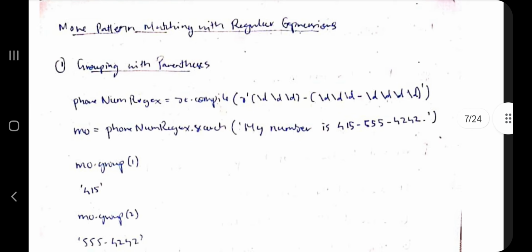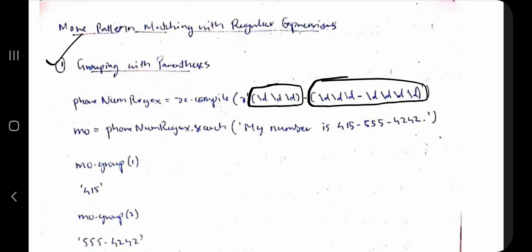Now let us talk about more pattern matching with regular expressions. The first one is grouping with parentheses. Suppose this is the same as the previous one, we have the phone number here. The first 3 \d can be grouped as group 1 and the next part as group 2.